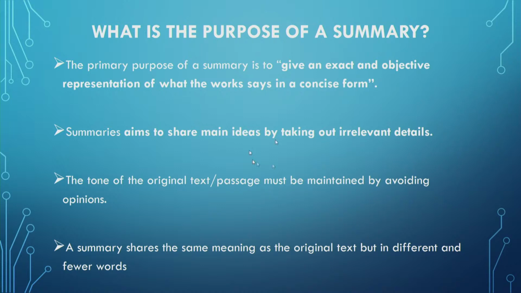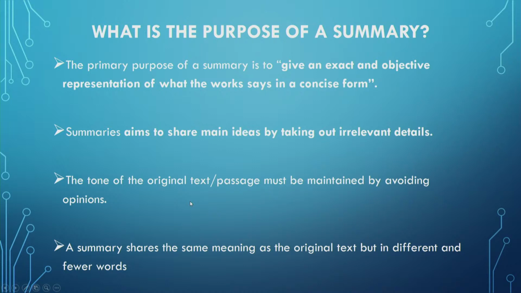Hence, also here, when you go to the first bullet, the primary purpose of a summary is to give an exact and objective representation. If it was subjective, then we would have said you can write your opinions, but it has to be objective. So meaning you should avoid adding your own opinions.